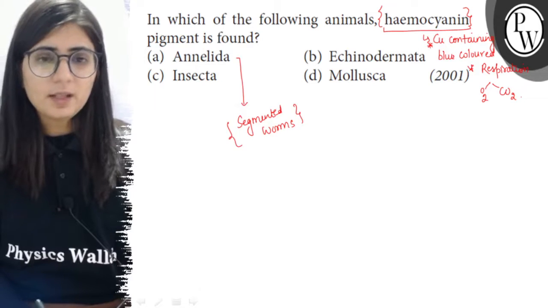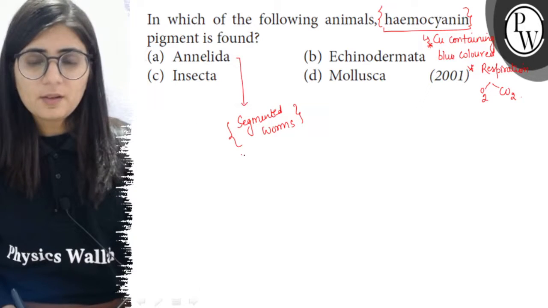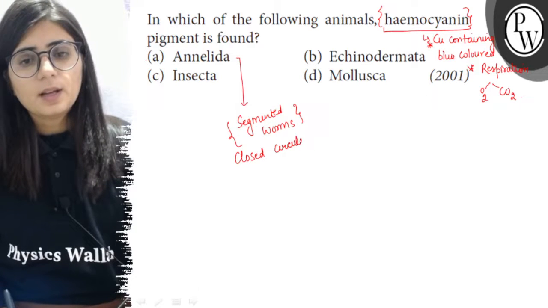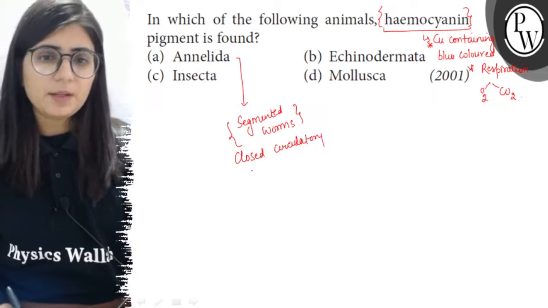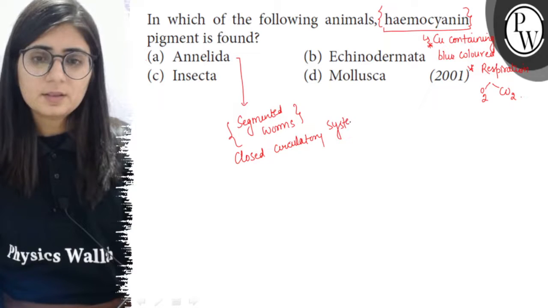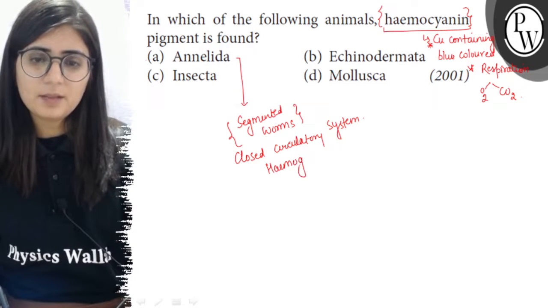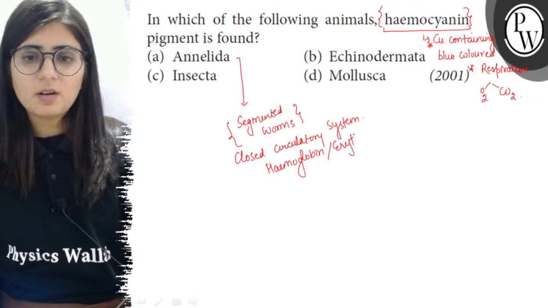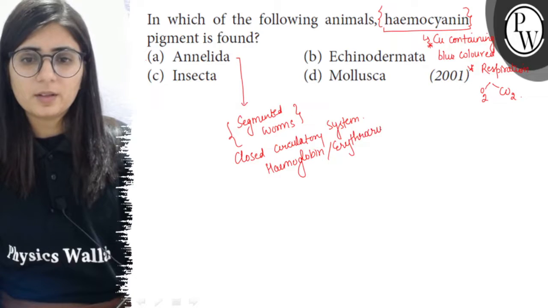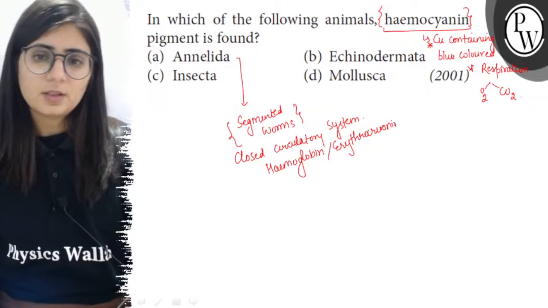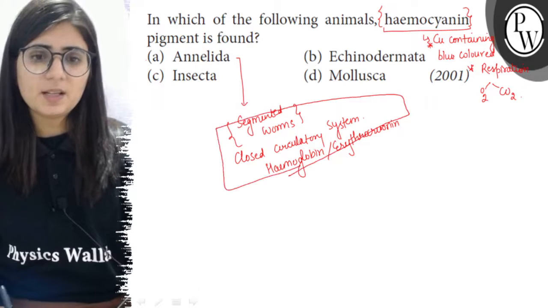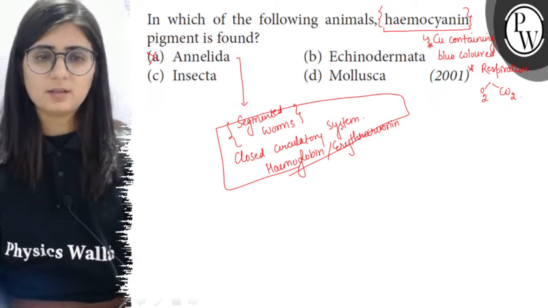In annelids, there is a closed circulatory system and the respiratory pigment here is hemoglobin, an iron containing red colored pigment, also called erythrocruorin. So erythrocruorin or hemoglobin is the respiratory pigment in annelids, so it is incorrect.